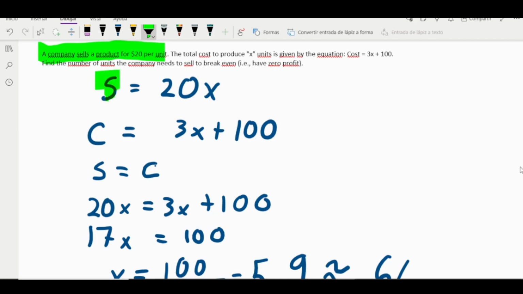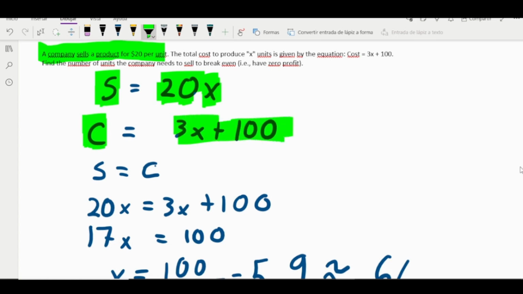In this case, the sales are going to be equal to $20 times the quantity of units. Okay, so the equation is going to be 20x. Now we have the cost. Here we don't need to create the equation. They already gave us the equation. So we have cost equals 3x plus 100.